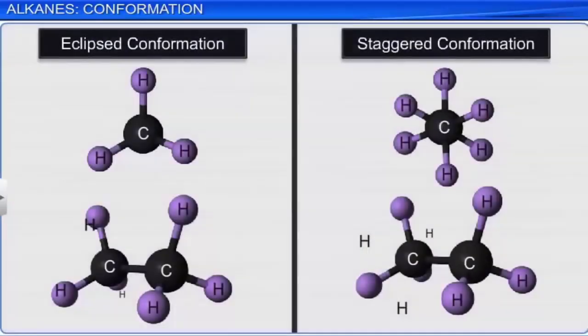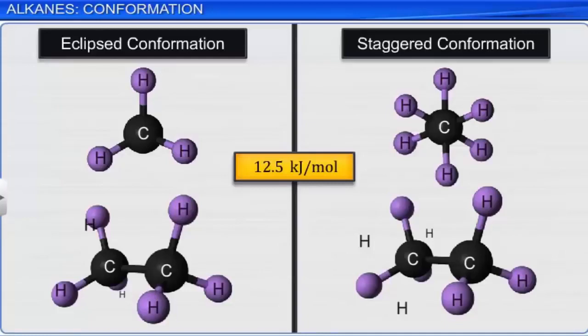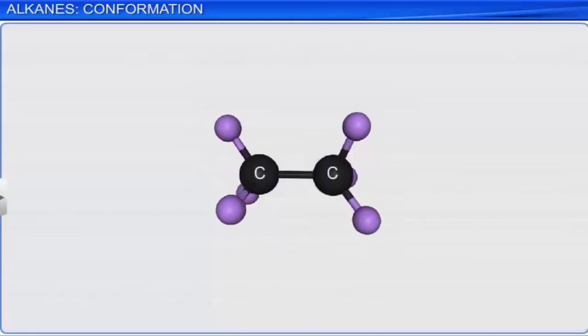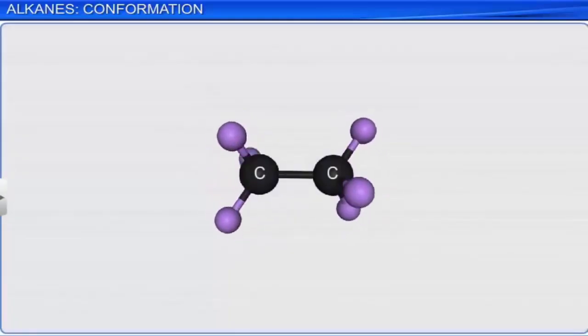The energy difference between eclipsed and staggered conformations is 12.5 kilojoules per mole, which is easily overcome at room temperature and pressure. Due to this, it is not possible to separate different conformations.